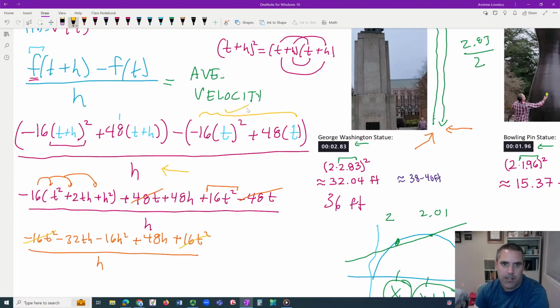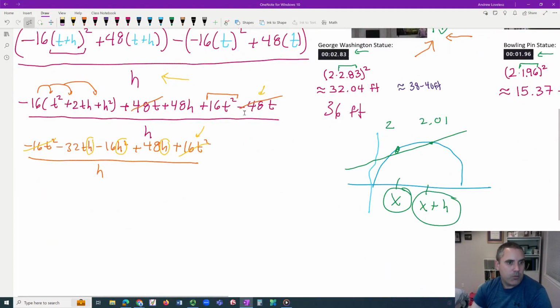Success. Everything canceled out of that. This canceled and this canceled. If they don't both cancel, something went wrong. And now we're hoping the h in the denominator cancels, and it is going to, because you can see each one of these has an h. That one actually has 2 h's in it. So you're going to be able to cancel 1 h out of each one. Some students tell me they like to write it like this. Just think of separating the fractions.